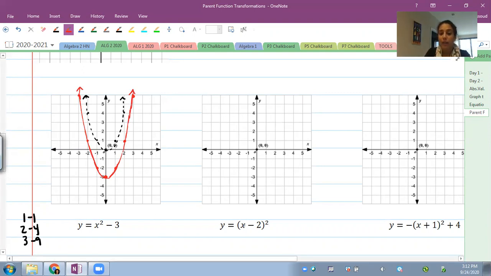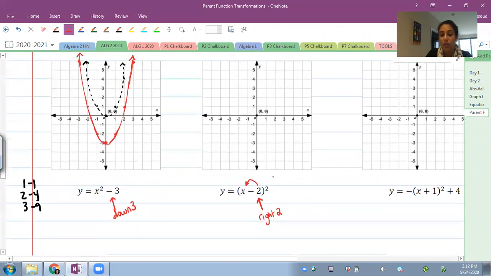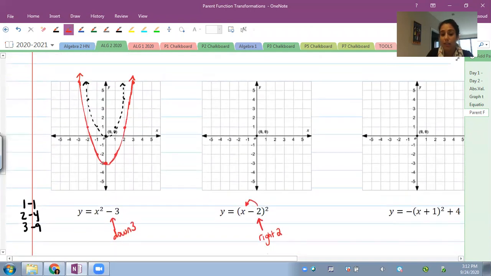Let's try the next one. So we have y equals x minus 2 squared. This one, it went down 3. This one is going to go right and left because it's affecting the x. It's going horizontal. So I'm going to go not to the left, even though it seems like it would be left. It's going to go to the right 2. It's going the opposite of what you think it's going to do.